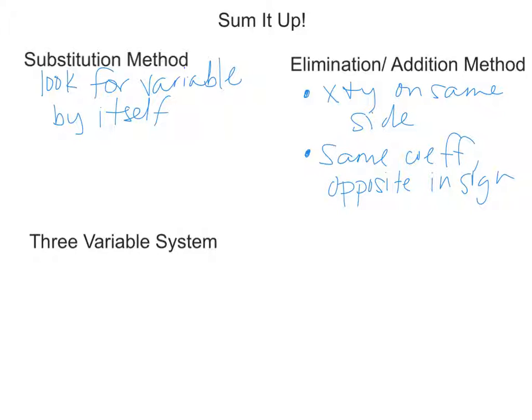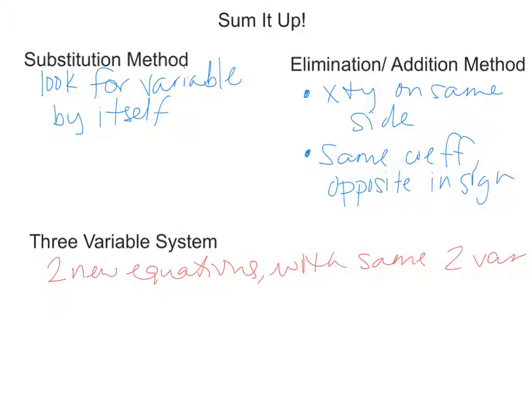Awesome. And then lastly, the 3 variable system, you want to break it down to 2 new equations with the same 2 variables. Then once you solve for those variables, just like you do with the elimination method, that's basically where you're going with there.